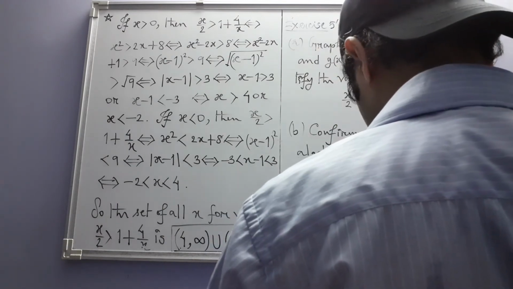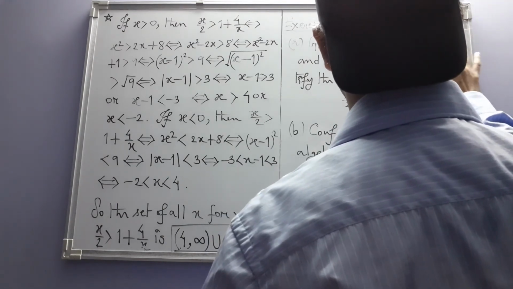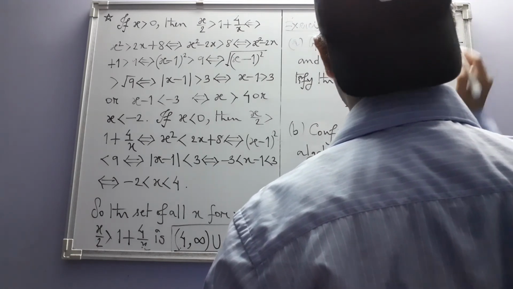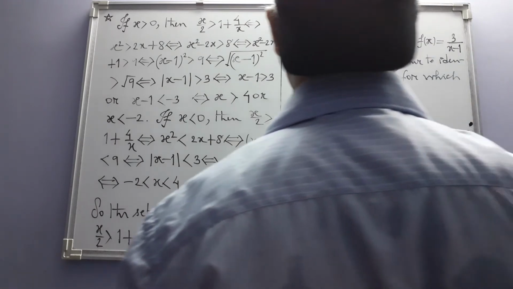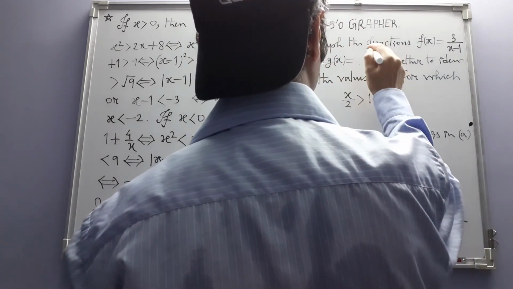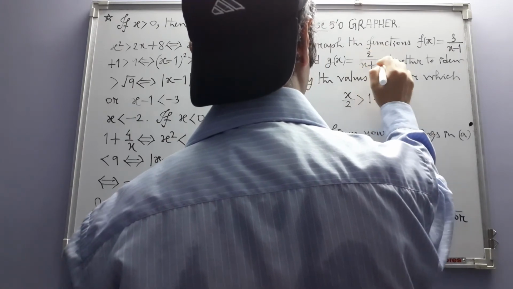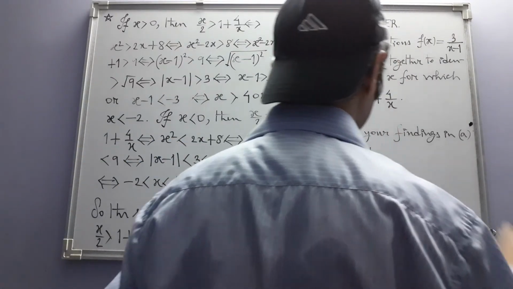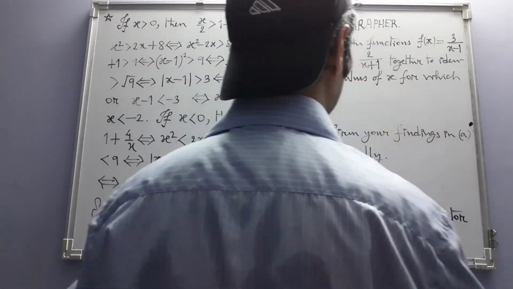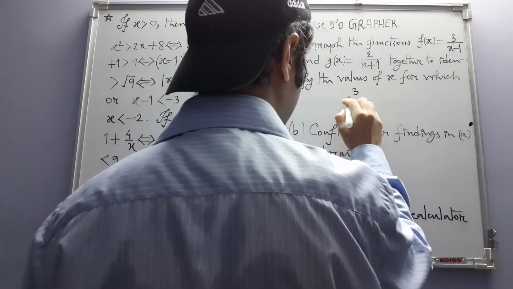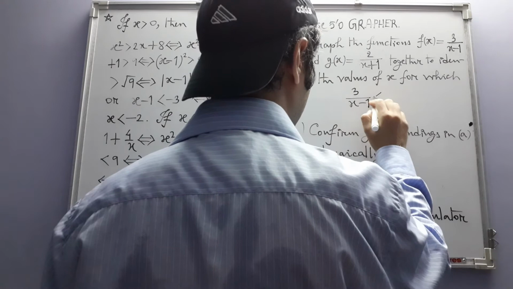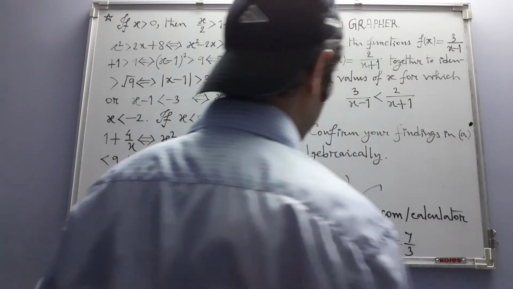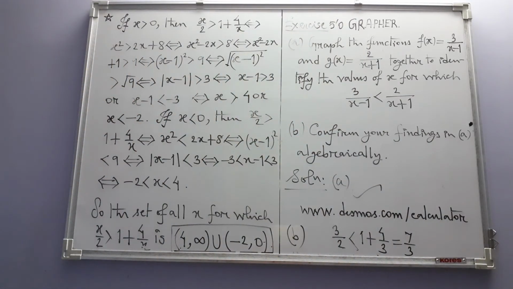Graph the functions f(x) equal to 3 divided by x minus 1 and g(x) equal to 2 divided by x plus 1 together to identify the values for which this will be less than 2 by x plus 1, and also confirm your findings in A algebraically.